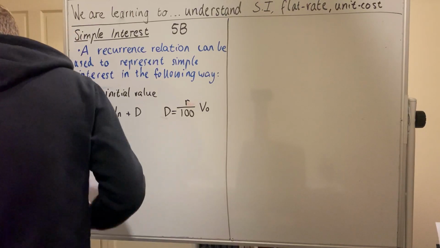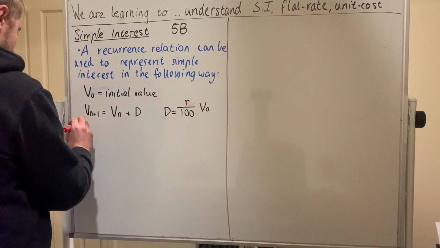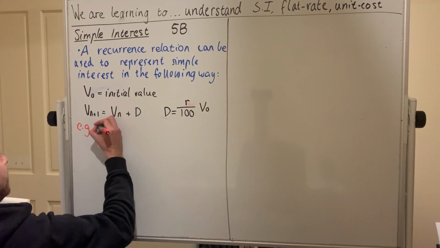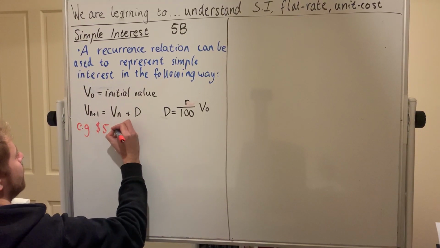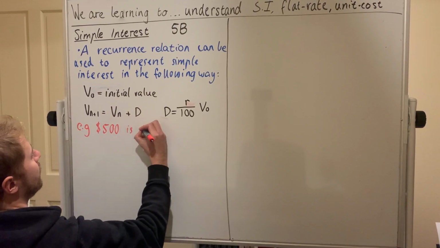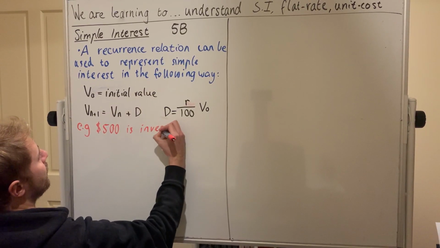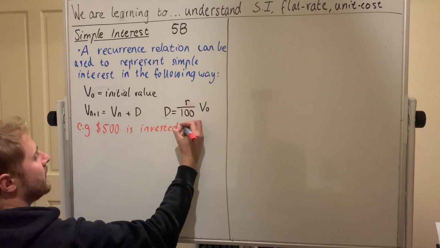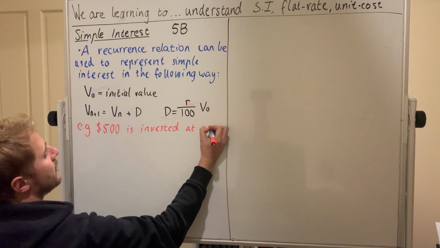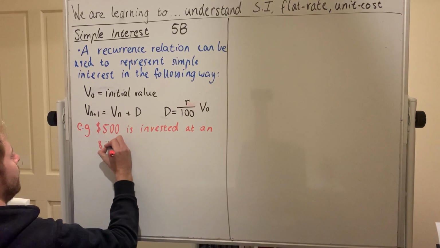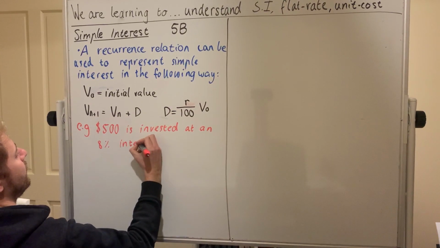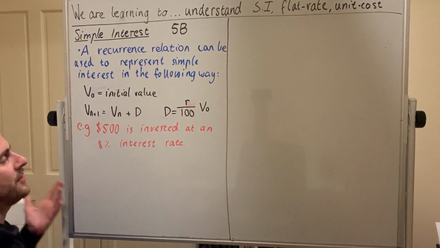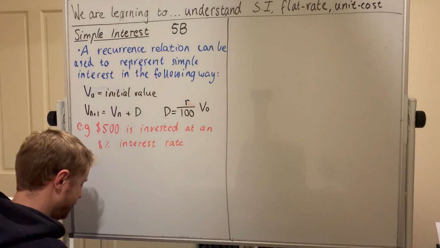So we'll just do a quick example. Let's say, $500 is invested at an 8% interest rate.